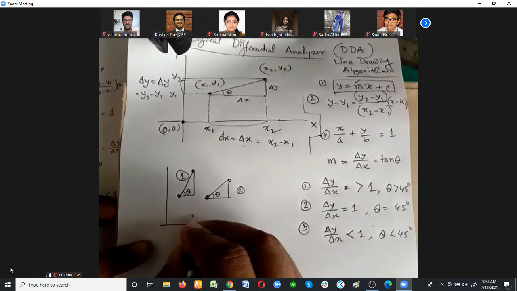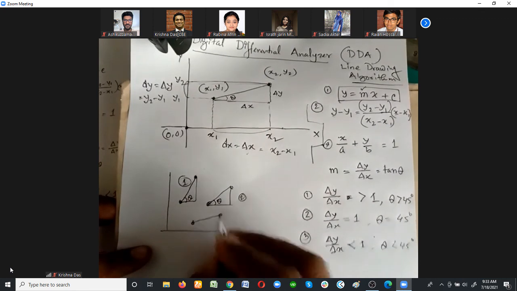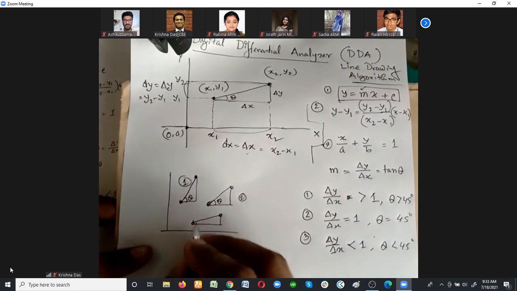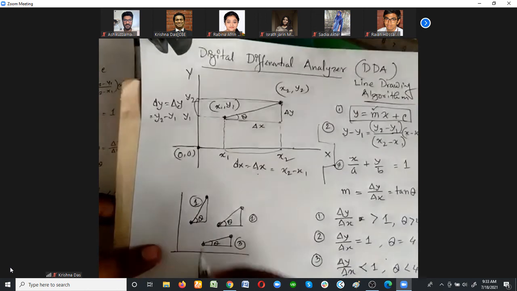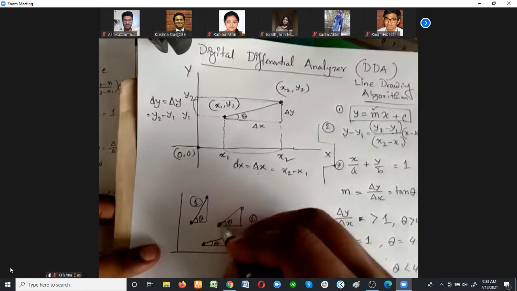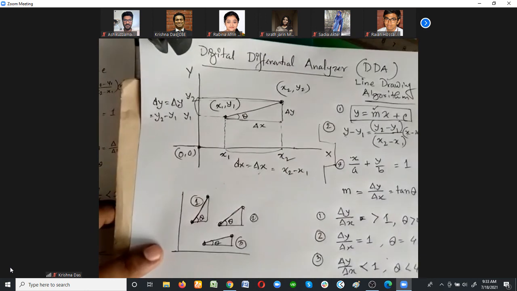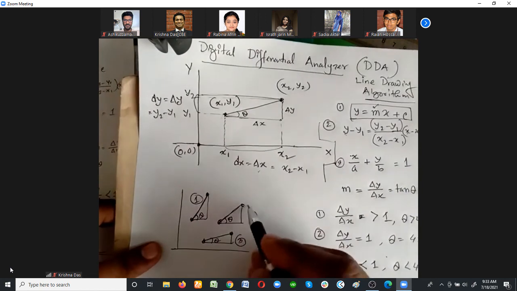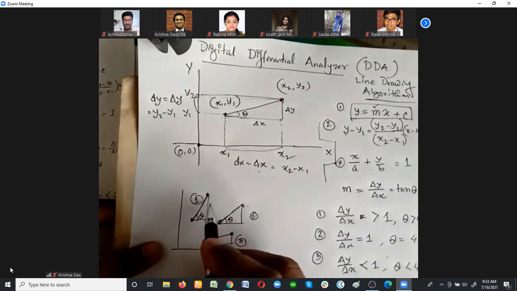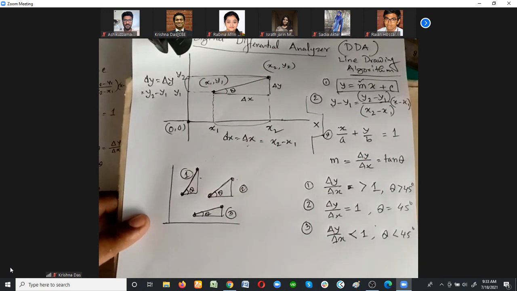Like this number 3 can be like this, which we have drawn there. So you see there are 3 possibilities where the line can be, right? Either less than 45 degrees, equal to 45 degrees, or greater than 45 degrees, right? Yes, sir.